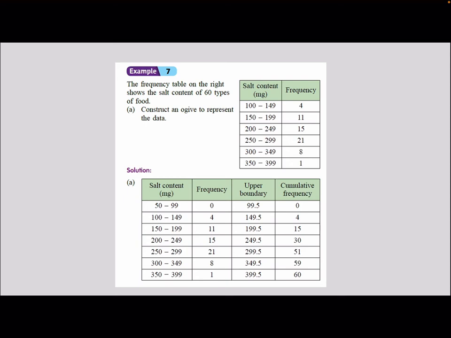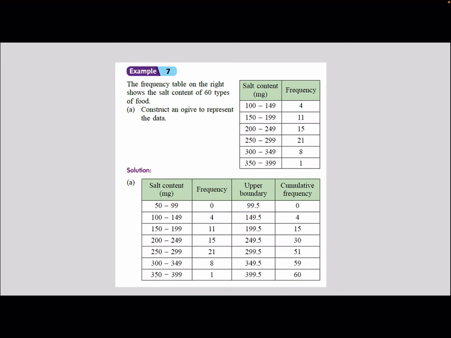The frequency table is a little bit different compared to the histogram and the frequency polygon, in which we don't need the midpoint or the lower boundary. The most important things for the ogive are the upper boundary and the cumulative frequency, which will be represented on the x-axis and the y-axis.